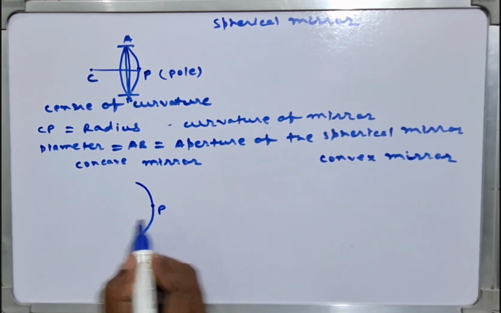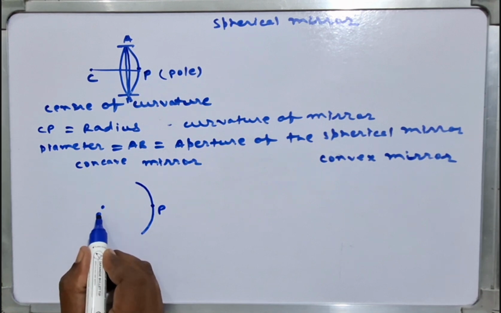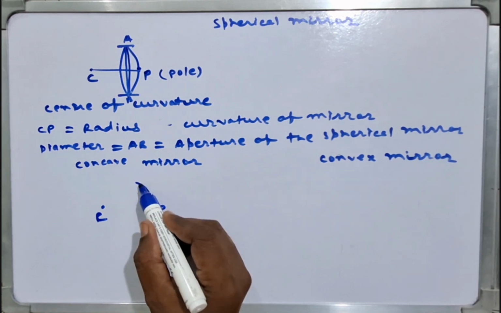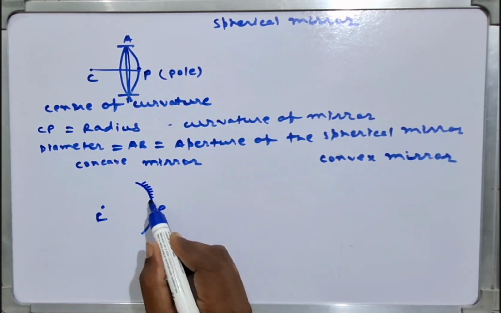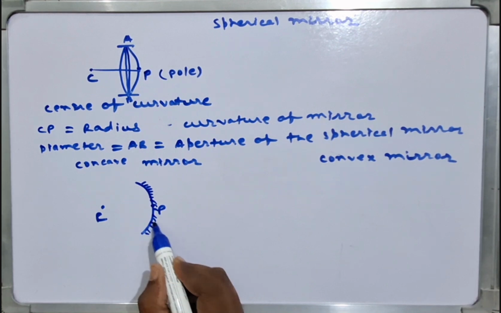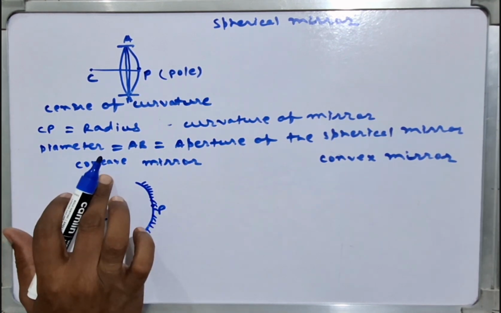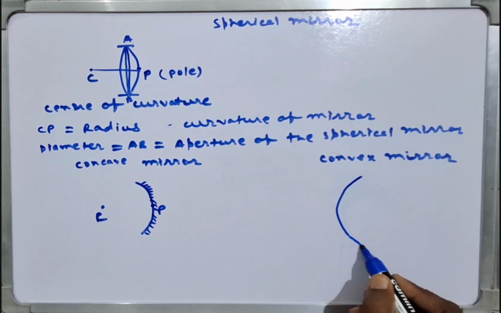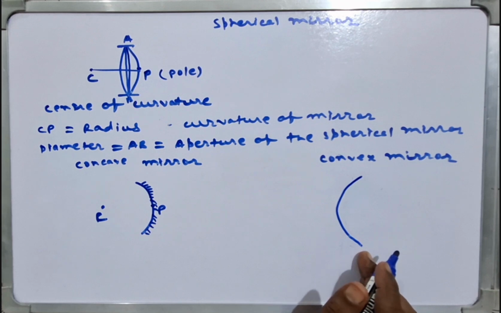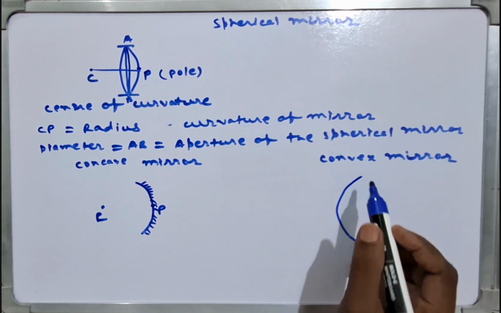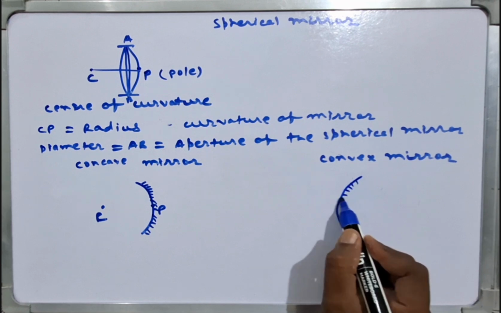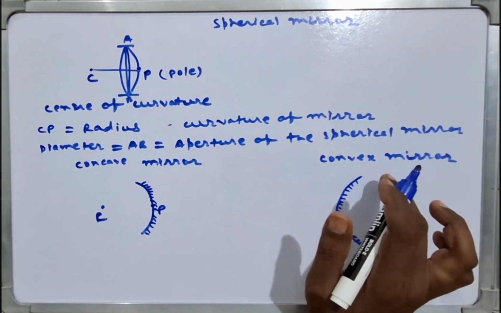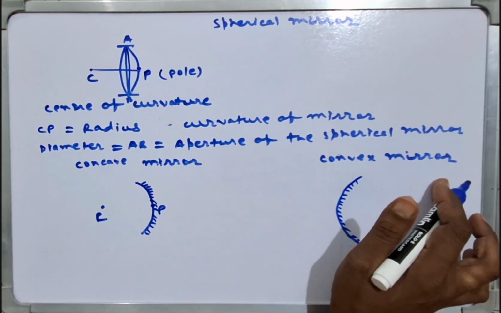Now this one is the pole and this one is the center of curvature. Now if the coating is on the bulge part, then this is known as a concave mirror. Now suppose, guys, this is the curved part of the spherical mirror, and the coating is on the inward side. So this one is known as a convex mirror.